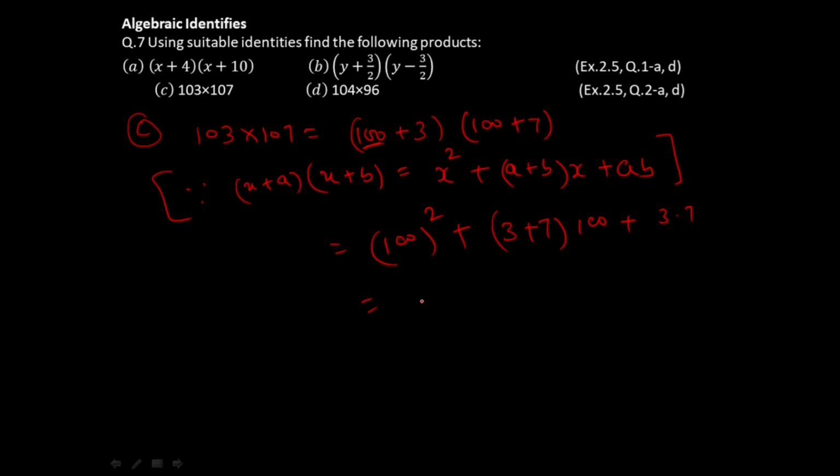So 100 times 100, that will be 10,000. Next, this is 10 times 100, 1000, plus 3 times 7, 21. So if you add it up, I will be getting 11,021. That's my final answer.